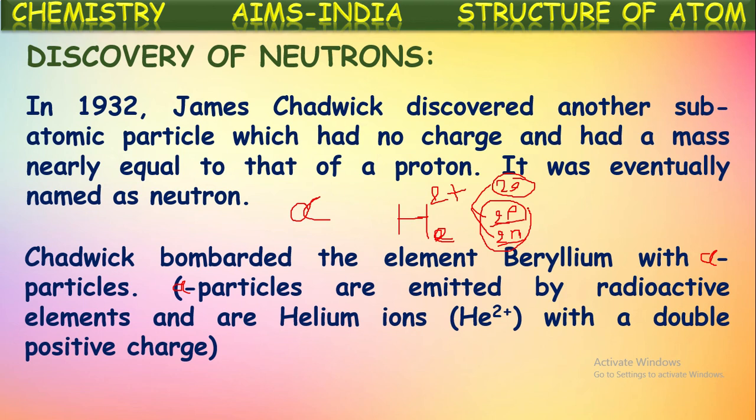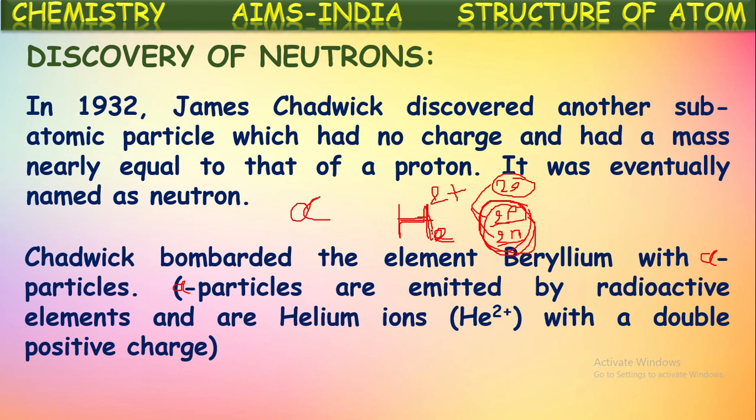These particles are generally emitted from radioactive elements. We learn about these radioactive elements in further classes. Examples of radioactive elements are radium, uranium, thorium. They emit certain radiation continuously, that is why they are called radioactive elements, and they produce these alpha particles. Remember, we cannot create alpha particles from a helium atom. Just for reference, we say it is a nucleus of helium.